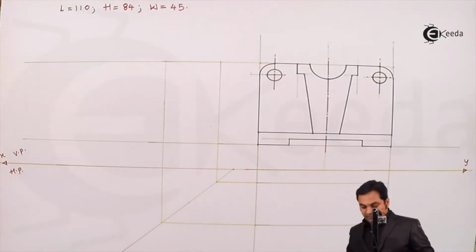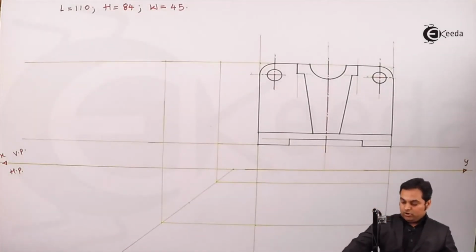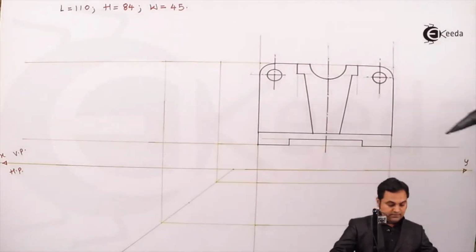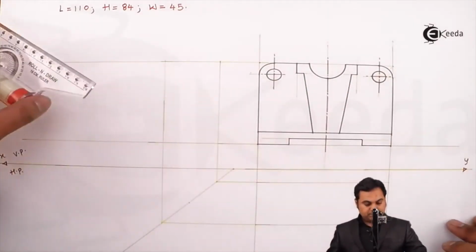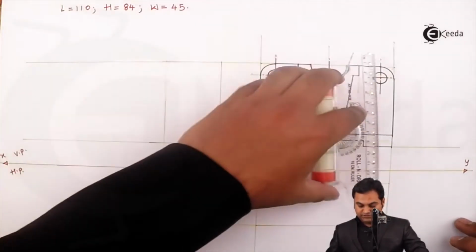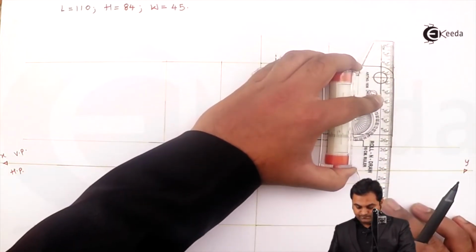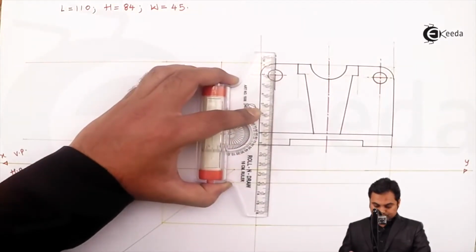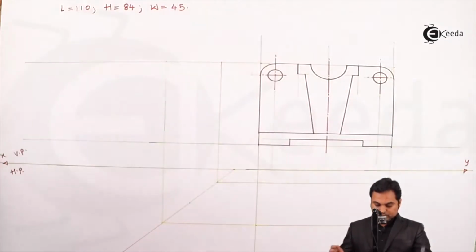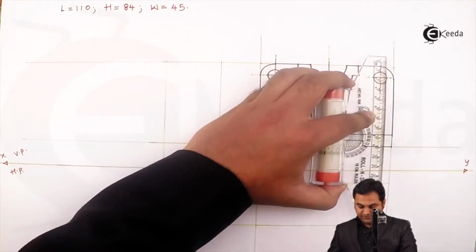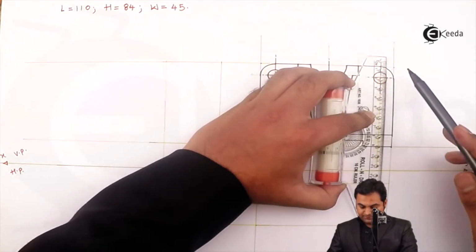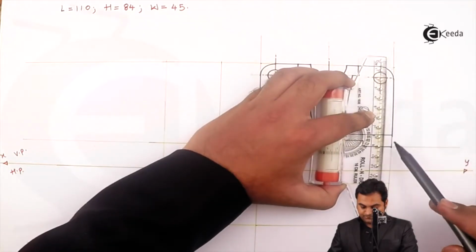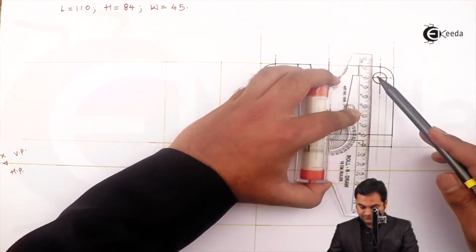So wherever I'm getting the center of these two circles, same would be the location for the other two circles as well, having the same diameter. So I'm projecting them.